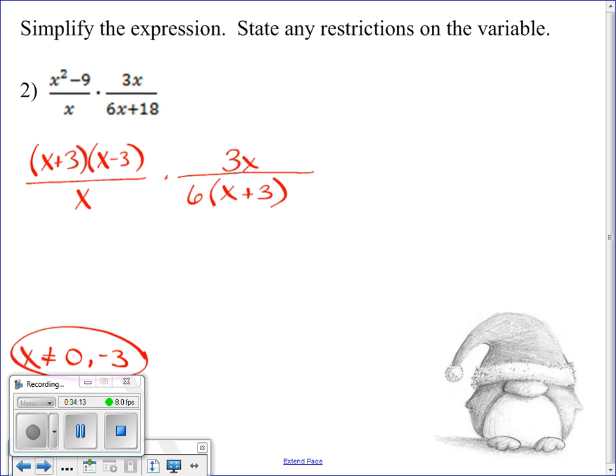What cancels? X plus 3. The x's. And 3 and 6. Divide them both by 3. 3 divided by 3 is 1. 6 divided by 3 is 2. All right, what you got left on top? X minus 3 over 2.